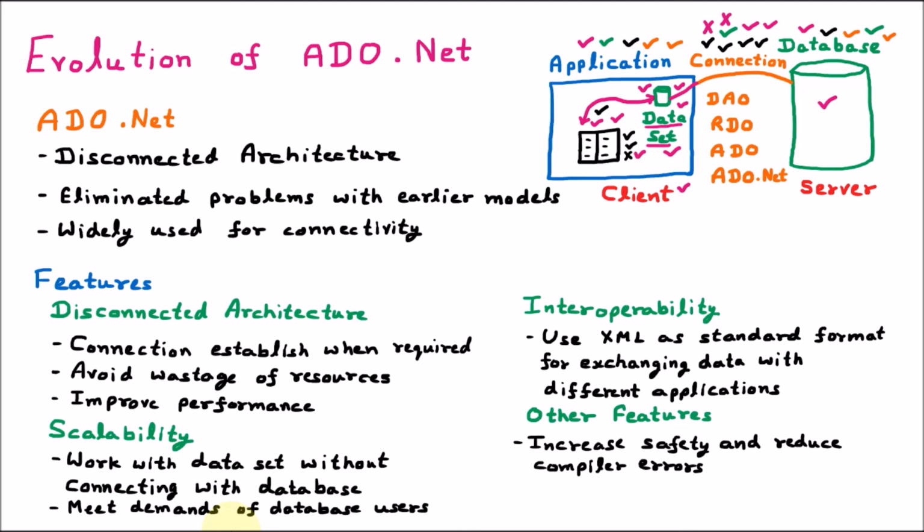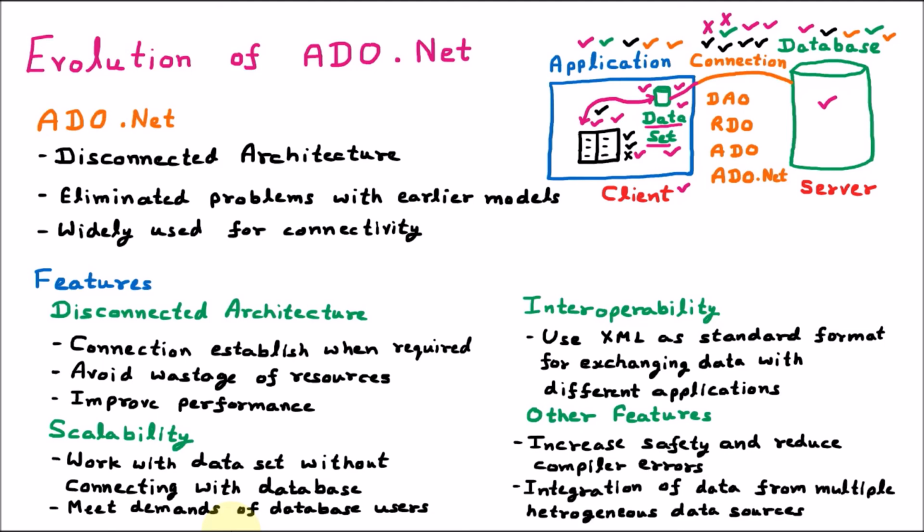Different means heterogeneous. So with the help of ADO.NET, we have the integration of data from multiple heterogeneous data sources. Because of the disconnected architecture, ADO.NET has achieved all these features and advantages. So that is all about the evolution of ADO.NET.